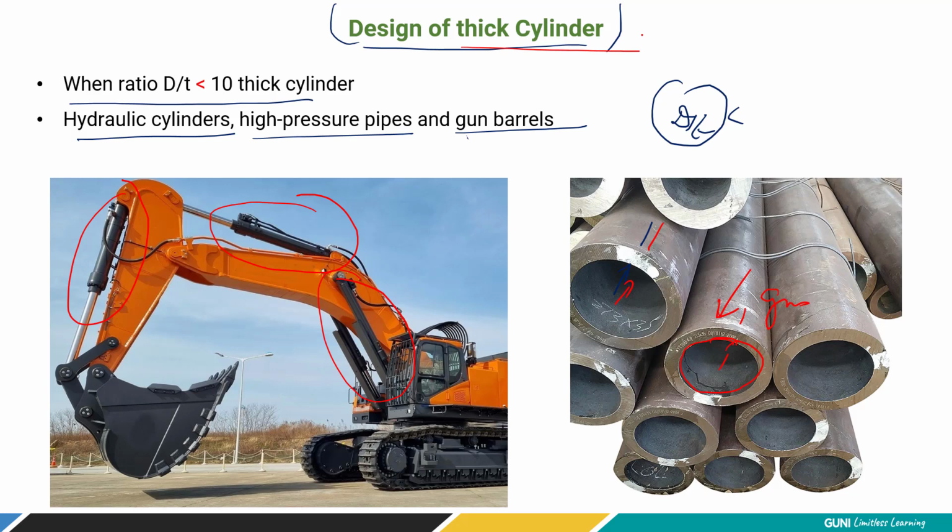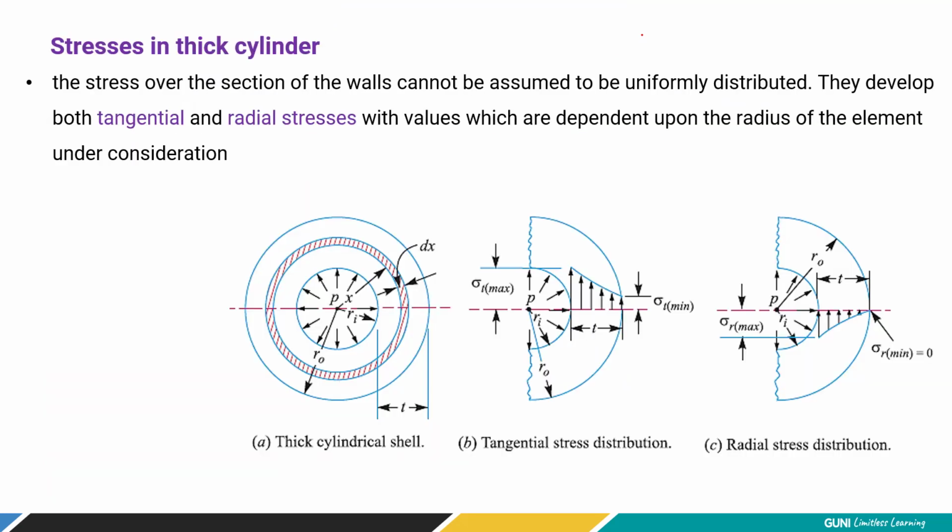Now the design of thick cylinder is different from the thin cylinder. If you think about the stresses developed in a thick cylinder with respect to a thin cylinder, there are some changes. The stresses over the section of walls cannot be assumed to be uniformly distributed. In a thin cylinder, the shell thickness is very small compared to its internal diameter, so we assume whatever stress is developed is uniform.